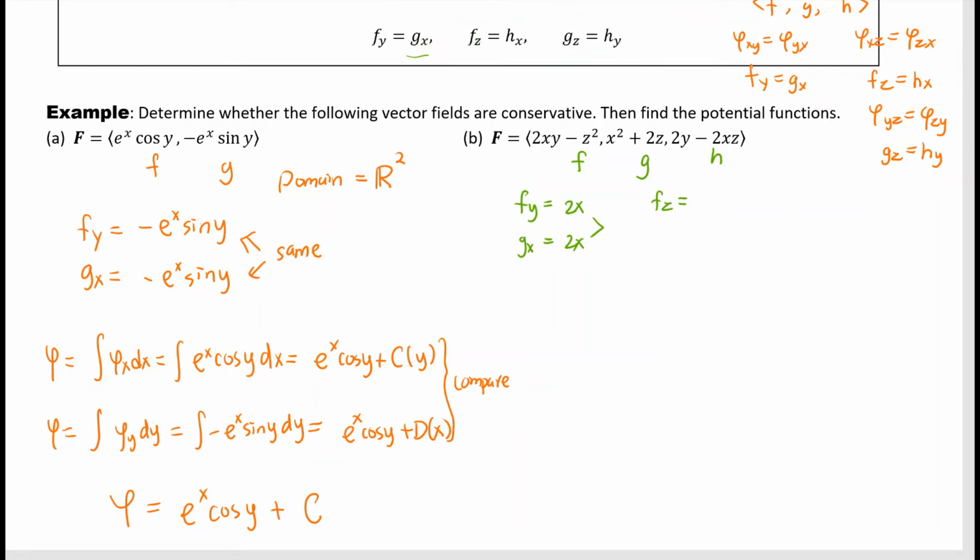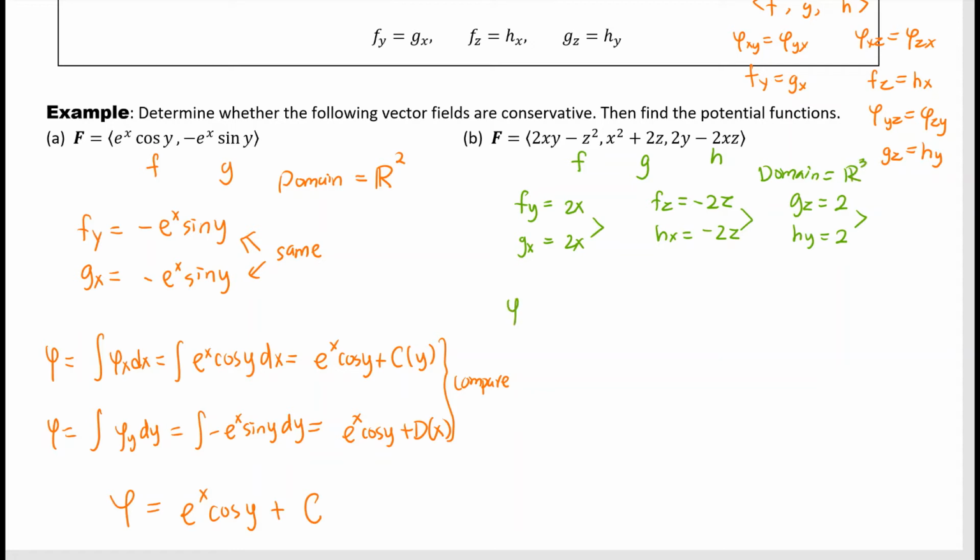F_z is minus 2z, and H_x is minus 2z as well, so they match. Finally, G_z is 2, and H_y is 2, so they also match. And what is the domain? Because they're all polynomials, the domain is everywhere, so R3.